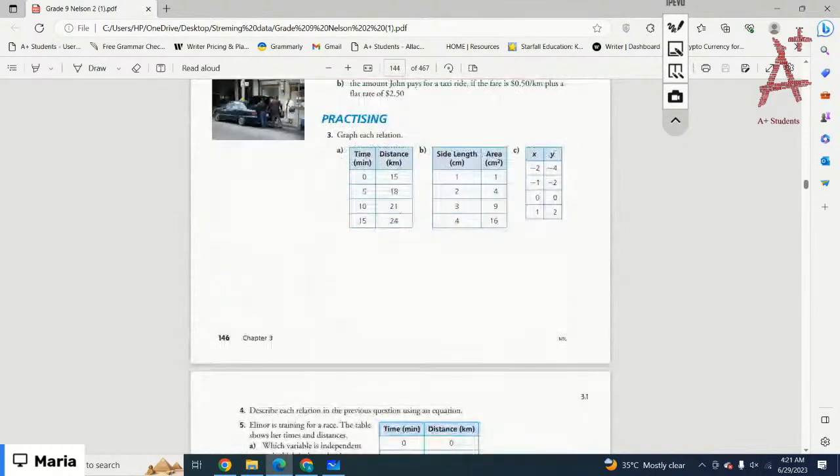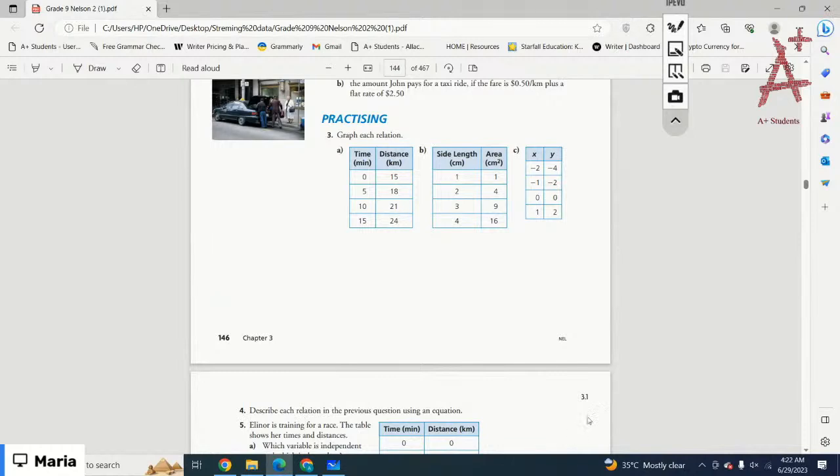Graph each relation. So you are given a table of values, you have to graph the relation. So the table of values you are given is, you just have to plot the pair of values on the graph.